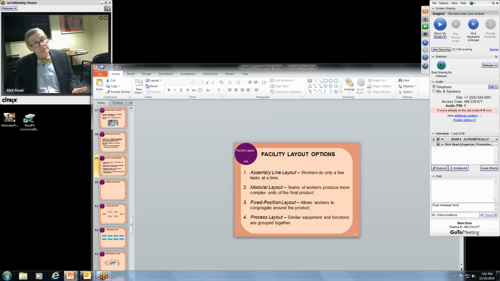Modular layout, where you do more complex work and people work together to produce the final product. Fixed position, where you have the workers congregating around what's being produced. And then a process layout, where similar equipment and functions are grouped together. You can see these on page 248.